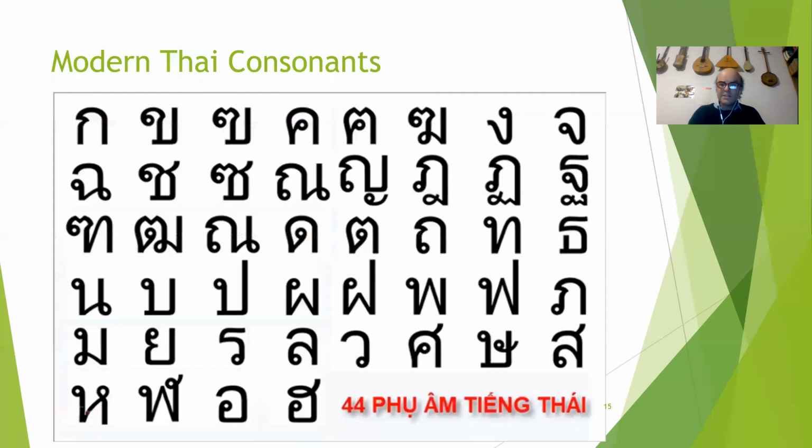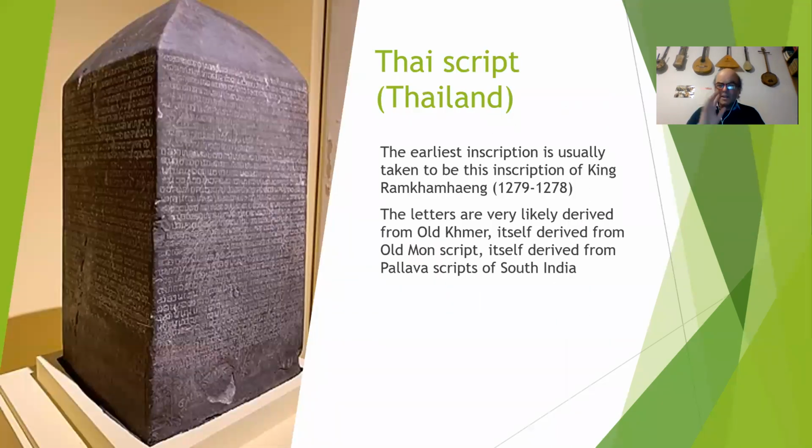Now, this is a complicated topic and not one that I can go into in great detail. And the Ramkhamhaeng, I'll just go back to that photo again. There is some controversy about this particular stone here, which was written in the time of King Ramkhamhaeng.